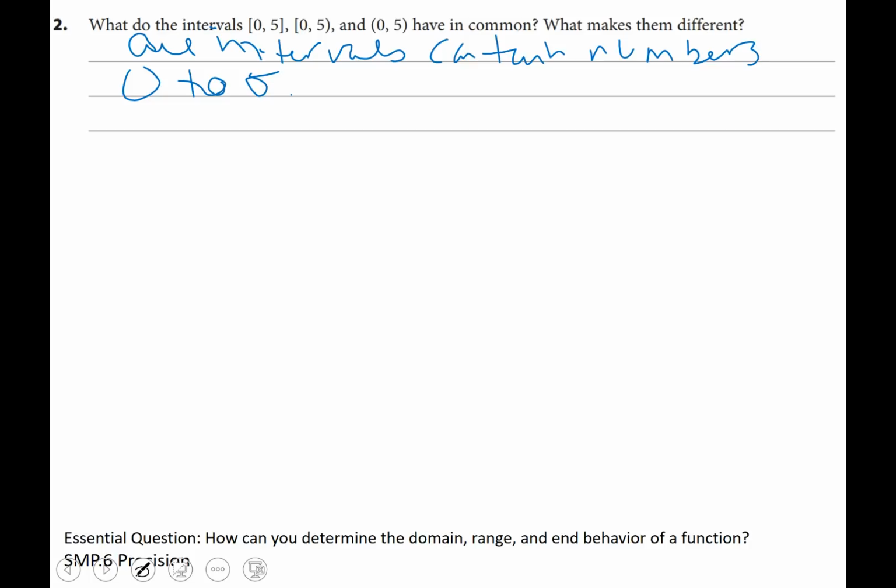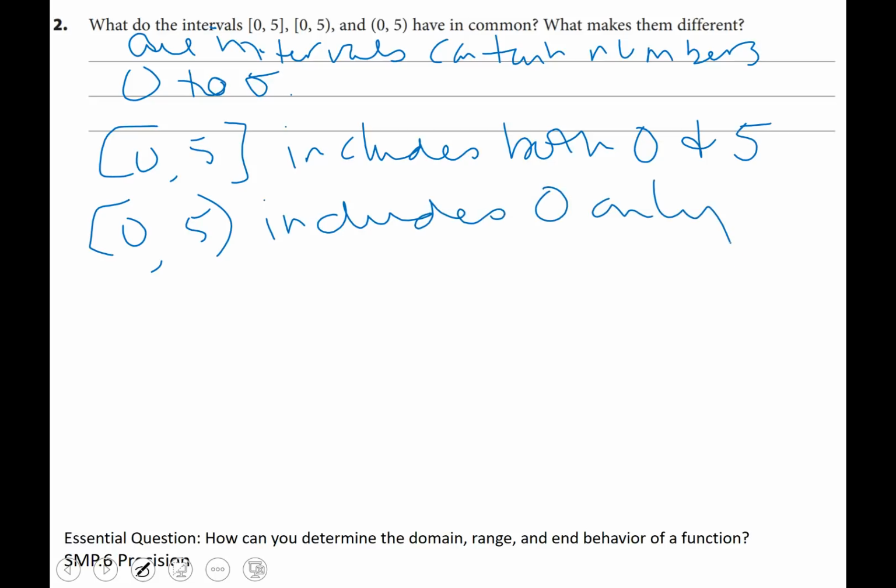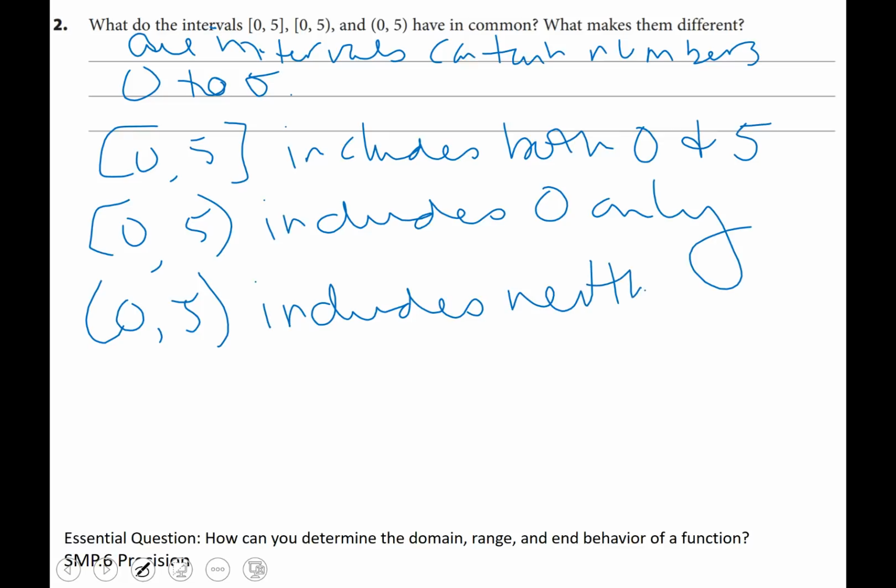So we know that [0, 5] includes both 0 and 5. [0, 5) includes 0 only. And then (0, 5) includes neither 0 nor 5.